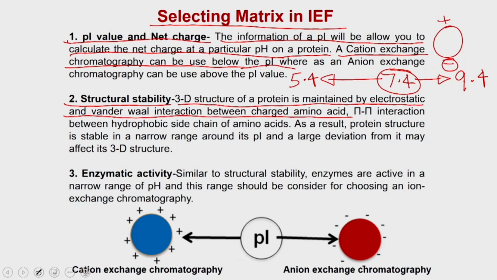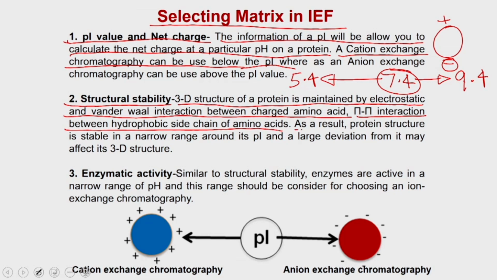For example, arginine makes an interaction with glutamic acid, some kind of salt bridge interaction, or sometimes arginine makes van der Waals or hydrogen bonding interactions, and most of these interactions are ionic in nature. You also have pi-pi interactions between the hydrophobic side chains of amino acids.